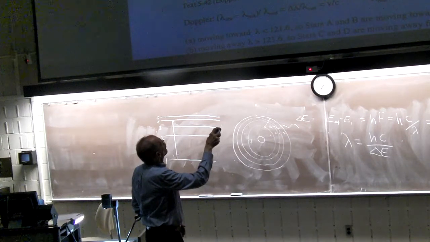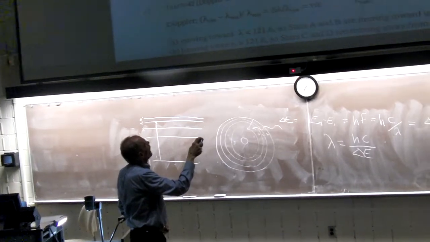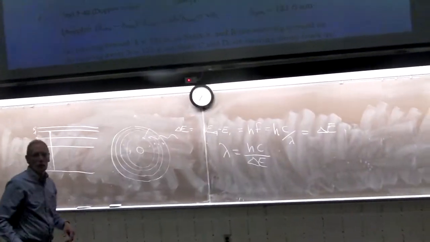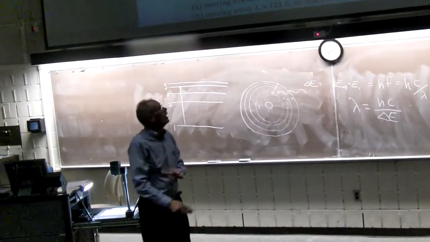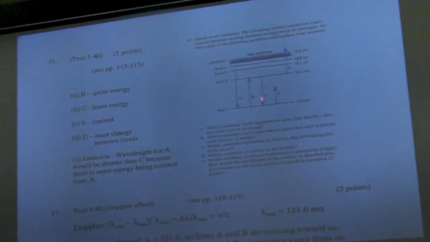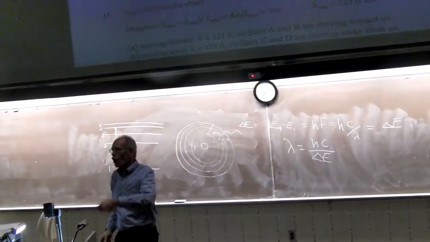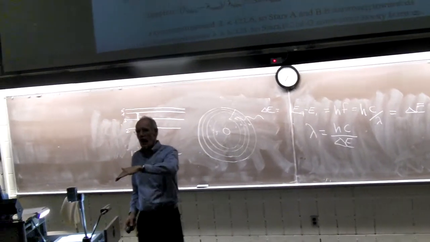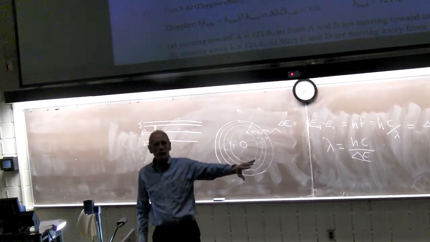This is emission, because it drops down, it has to give off a photon of just the right energy and corresponding wavelength. In this case, it's dropping down. E2 minus E1 corresponds to the wavelength of what's emitted. So going up, it has to absorb. When it drops down, it has to get rid of that extra energy, and it emits. Is that clear?